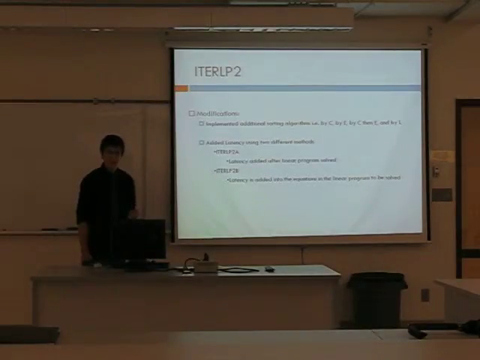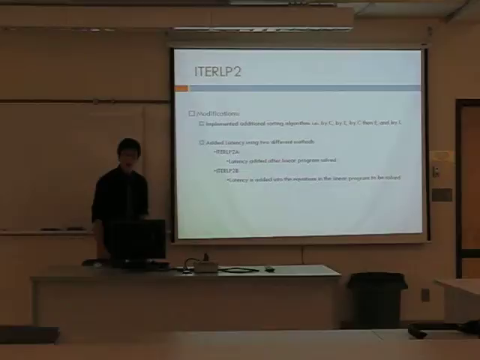One is I2LP2A, which adds the latency in after the linear program has been solved. And I2LP2B adds the latency into the equations that you saw in the constraints, and solves the linear program that way.